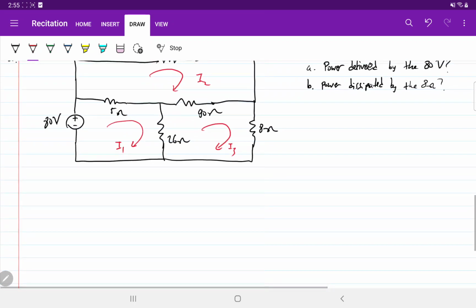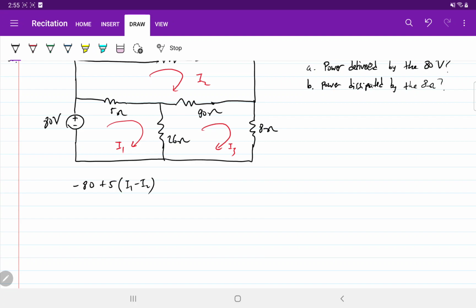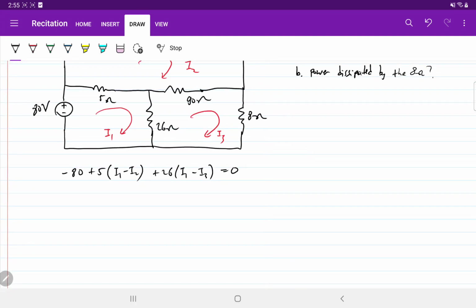Okay, let's write the equation. The first mesh we have minus 80 plus 5 times I1 minus I2, right? Plus 26 times I1 minus I3 equals 0, right?